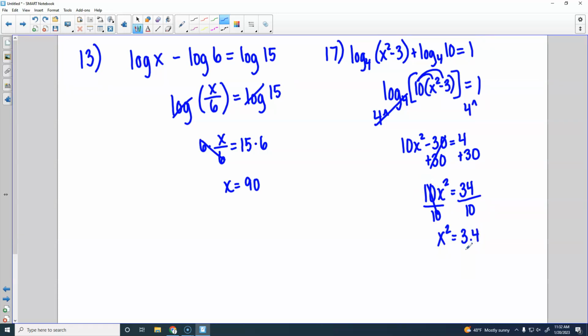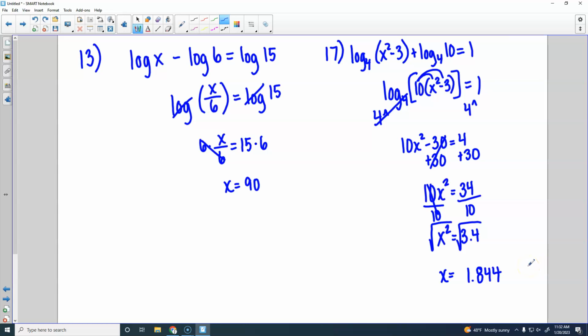And then how do I get rid of a square? Square root. Okay, and when I square root both sides, so here's square root of 3.4, is giving us 1.844 if we round it to the nearest thousandth.